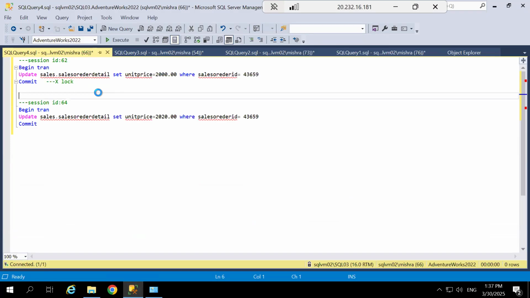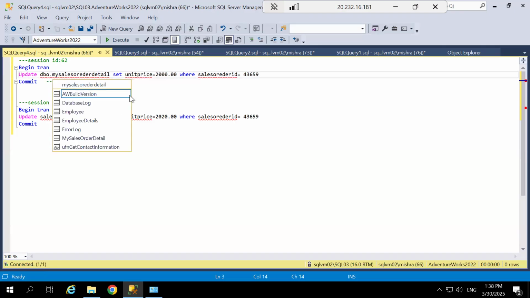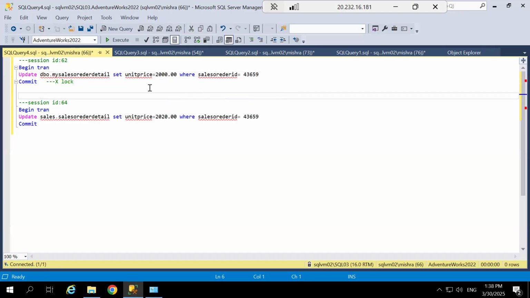Talking about these tables. Unit price 2000, set this. Let's change this context to DBO. I have a big table, I want to do some experiment there, and it should be my sales order detail table. Same thing will be here.